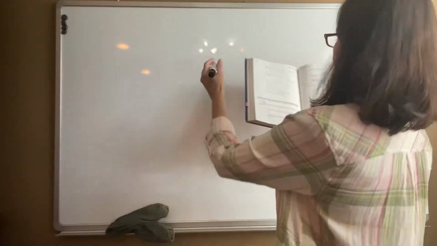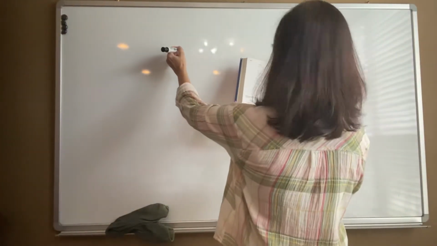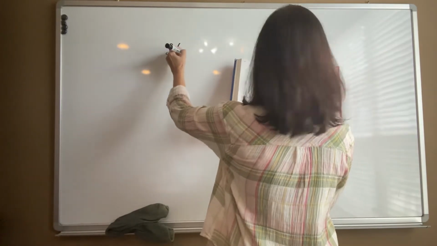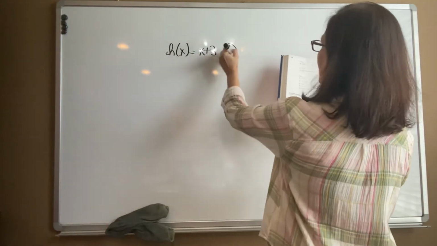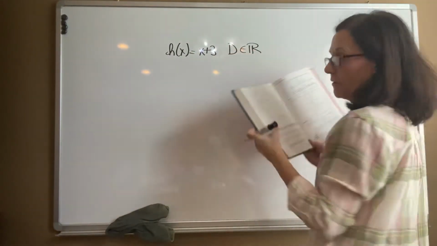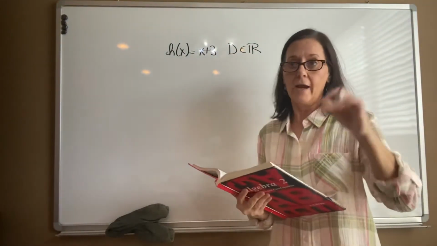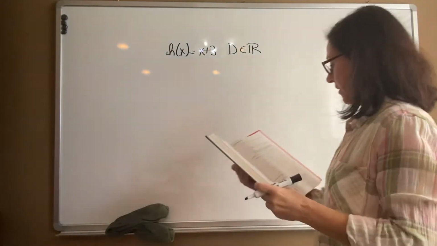102.1 on top, page 423. We have h of x equals x plus 3, and its domain is all reals. So anything I can plug in, every real value for x, I will get a real value for y.